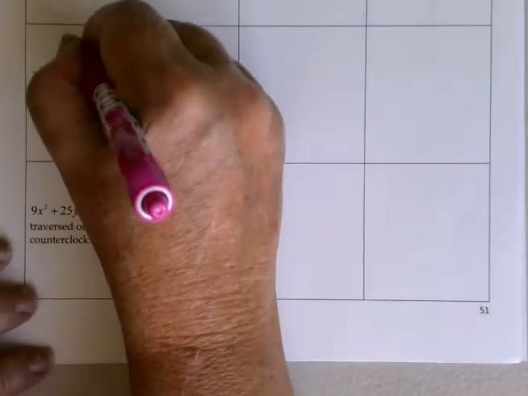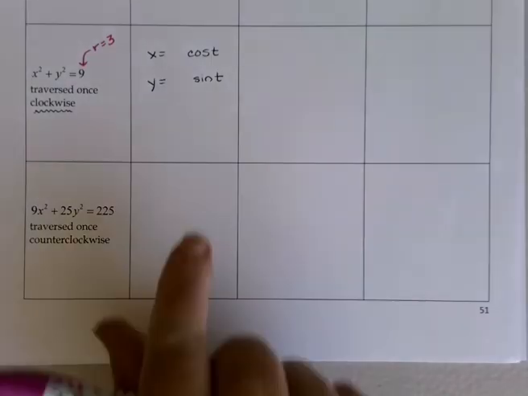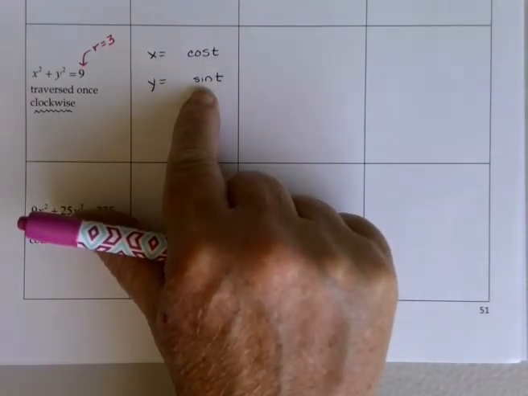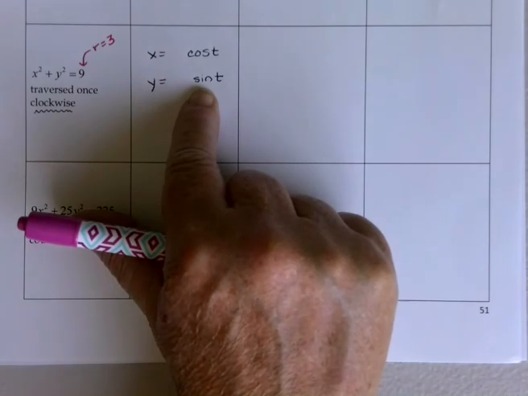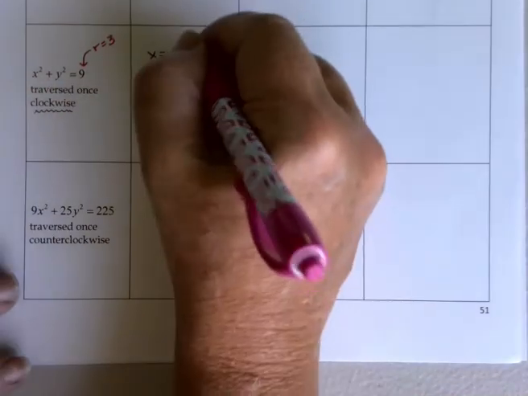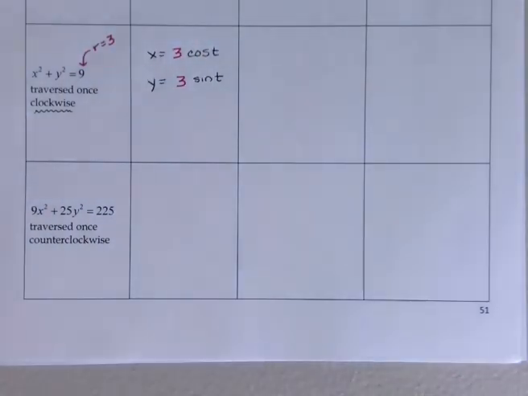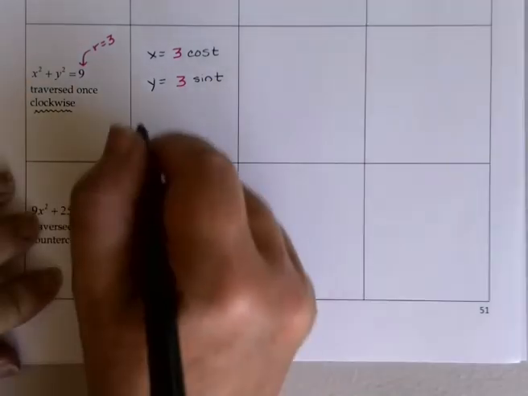Now, this circle has a radius of 3. Right now, cosine t and sine t are on the unit circle, which would have a radius of 1. So in order to get that radius of 3 in there, I'll just put in my multipliers. x is 3 cosine t, y is 3 sine t.